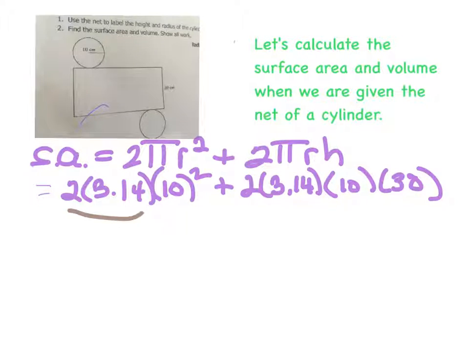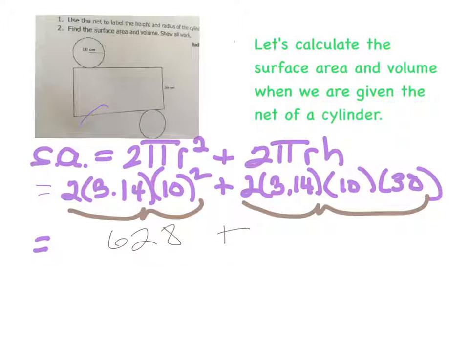So again, I like to do these in chunks. I like to calculate the surface area of the bases first and then the surface area of the lateral side. So when we multiply the 2 times 3.14 times 10 squared, that's going to give us 628.